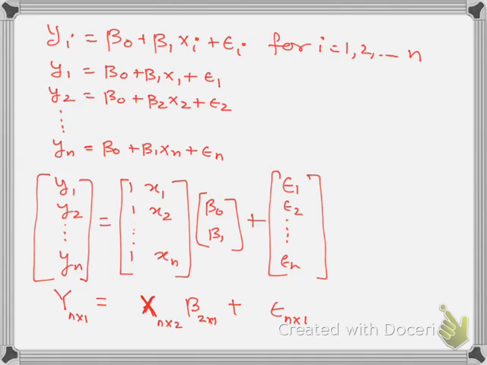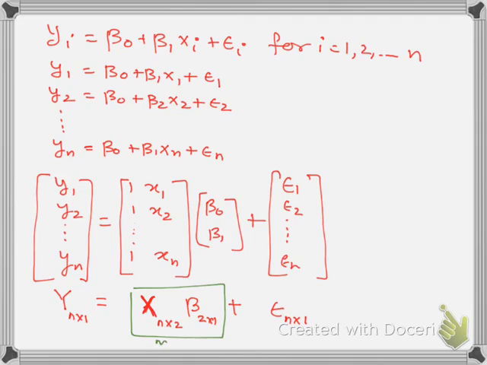The matrix X and vector beta are multiplied using the technique of matrix multiplication, and this multiplication is going to give you a vector, all right? And that vector is added to the error term using the technique of matrix addition.